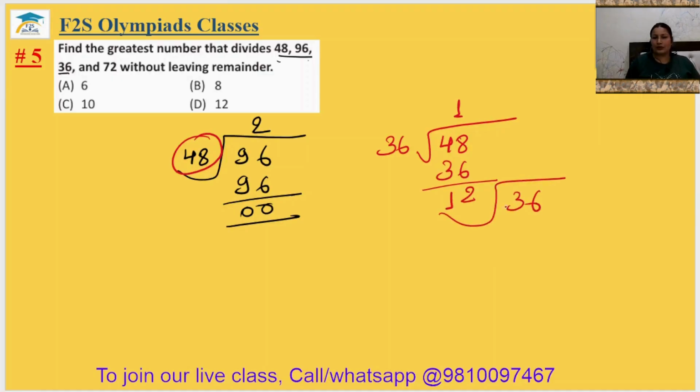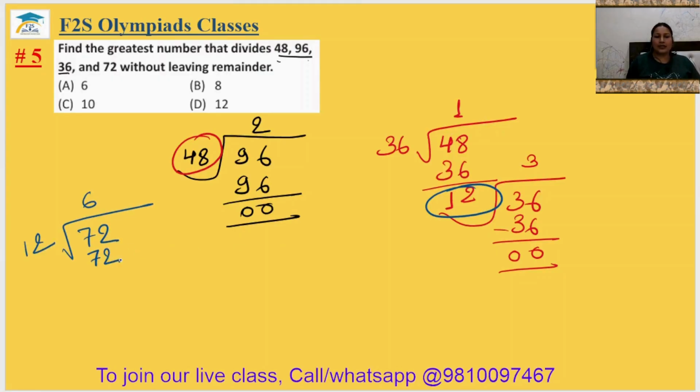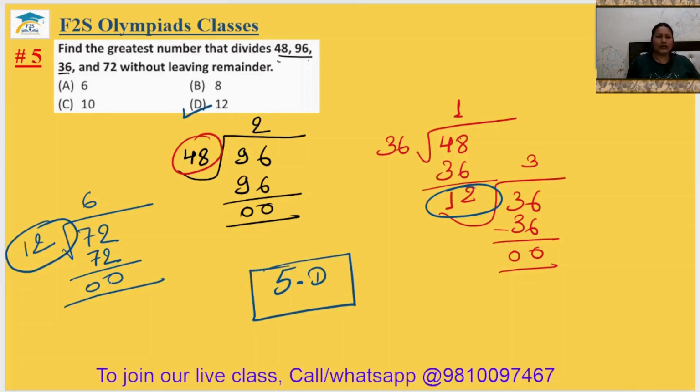Now 36 will again be the dividend. 12 threes are 36, remainder 0. So 12 is the HCF of these two numbers. Now check 72 with 12. 12 sixes are 72, remainder 0. It means 12 is the HCF of all these three numbers. So 12 is the greatest number. The fifth answer will be option D.